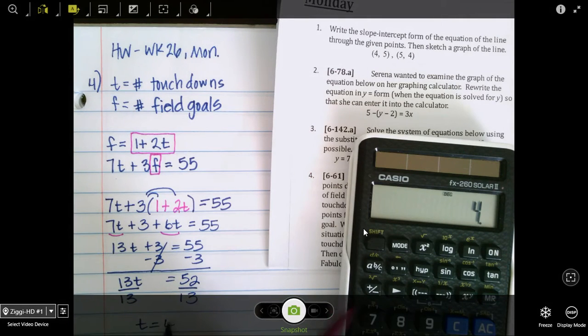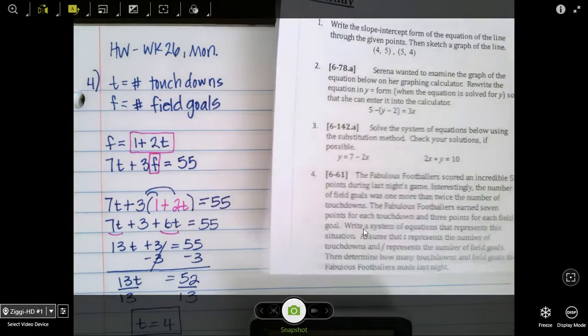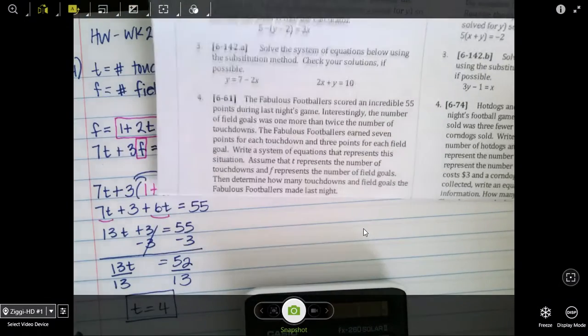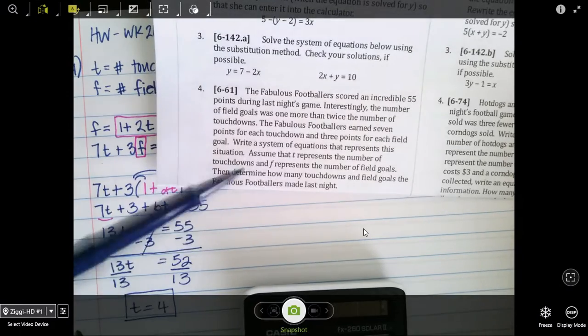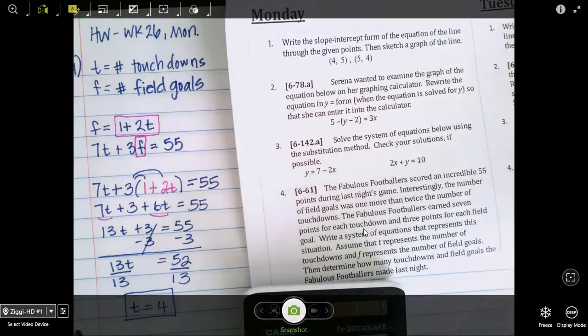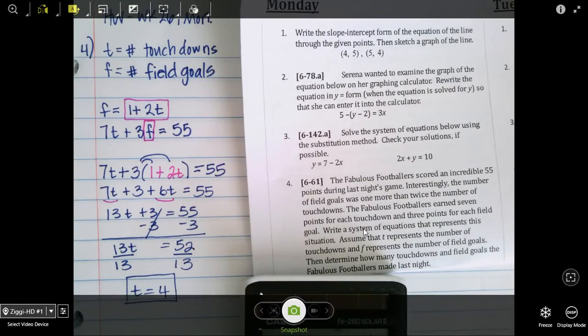What we just found out is that the number of touchdowns scored by the fabulous footballers was 4. Did we answer the question that they wanted? It asks, determine how many touchdowns and field goals. We know touchdowns, we just need to find field goals. How would we do that? Well, if you know t, you can find f.